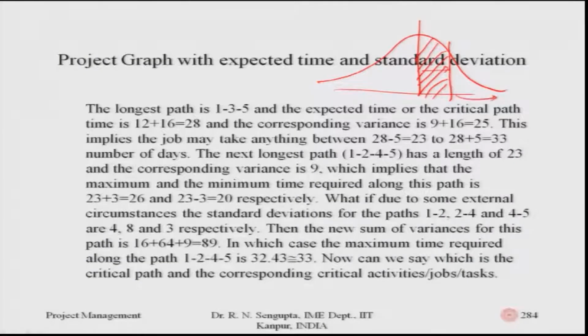So, this would be 33, and this value is 28. And if I go, let me use different colors to highlight, this one is 28 minus 5, which is 23.